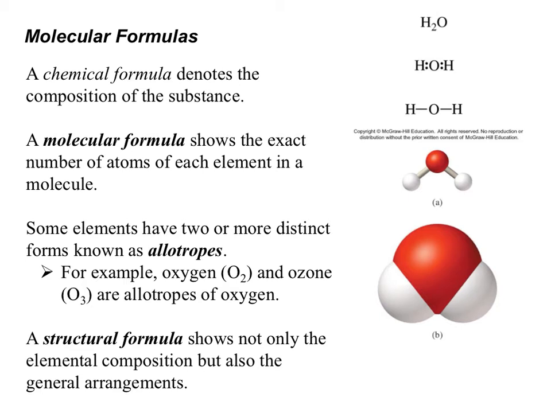A structural formula shows not only the elemental composition but also the general arrangement. So, just to emphasize, a molecular formula would be H2O for water, whilst a structural formula would be H-O-H because it's showing you how the atoms are arranged in this molecule.